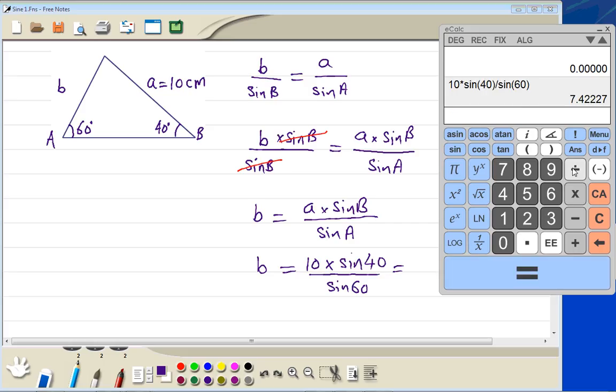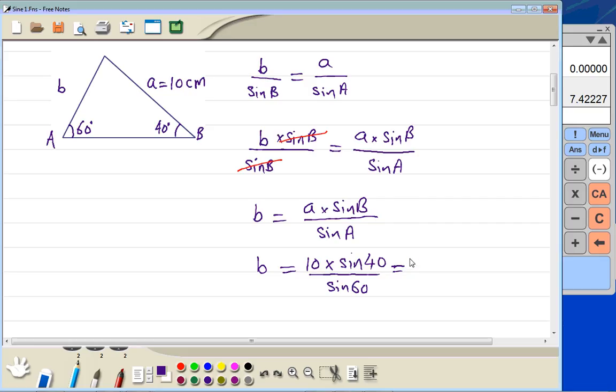For one decimal place, this answer here is 7.4. Then we just write therefore the side B equals 7.4 centimeters.